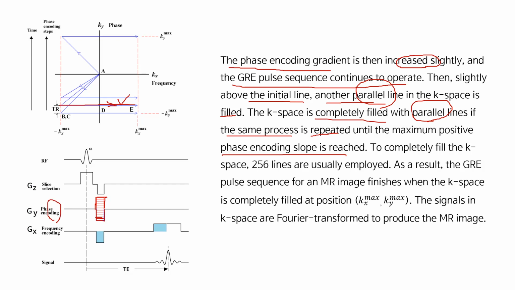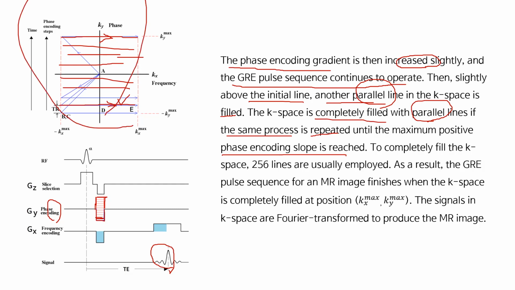Okay. Then we have the signal. In this case, the signal fills this line. Okay. So 256 lines filled K-space.